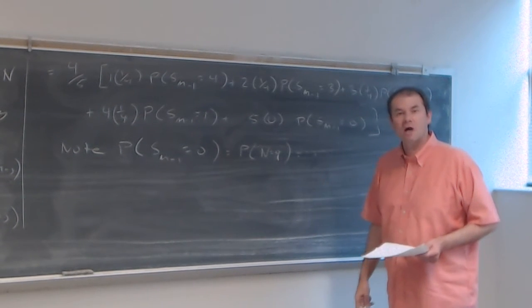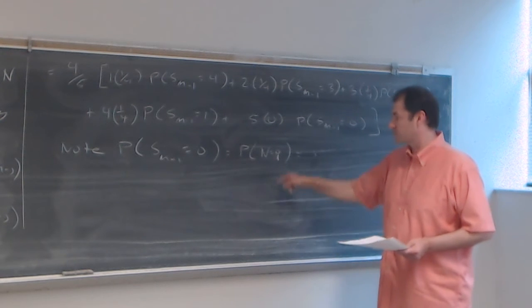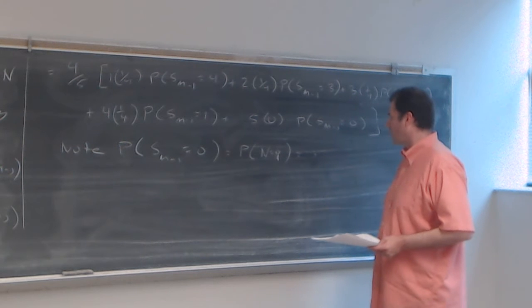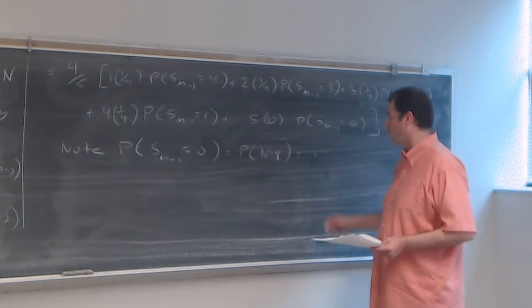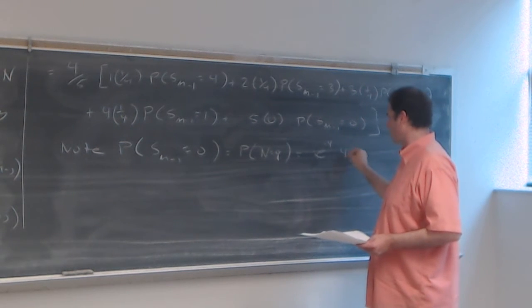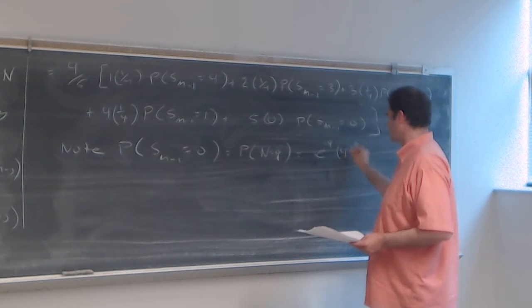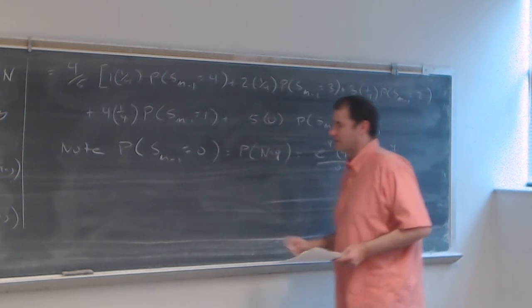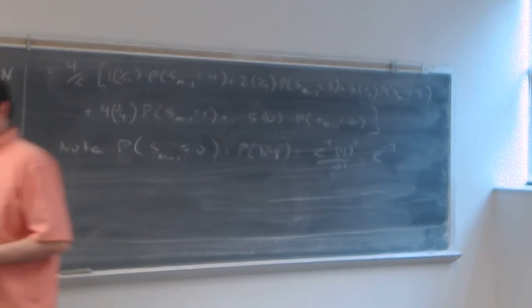Remember, M was Poisson distributed, so this was part of a corollary. It's Poisson distributed with parameter lambda equal to 4. So this is e to the minus 4, lambda, that's 4, raised to the x, that's 0, over 0 factorial. And so we just get e to the minus 4. Okay? So this part was part of the corollary.